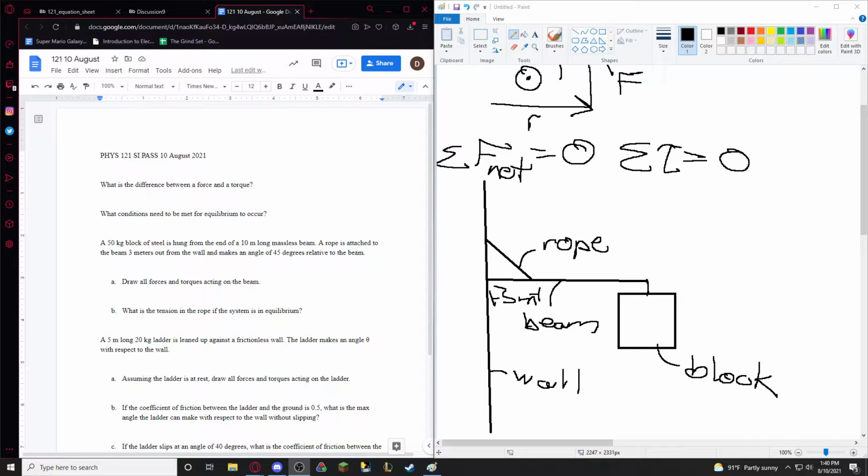What are those 3 spots? There's the weight of the beam, correct? We're assuming the beam is massless, so we're not worried about that.